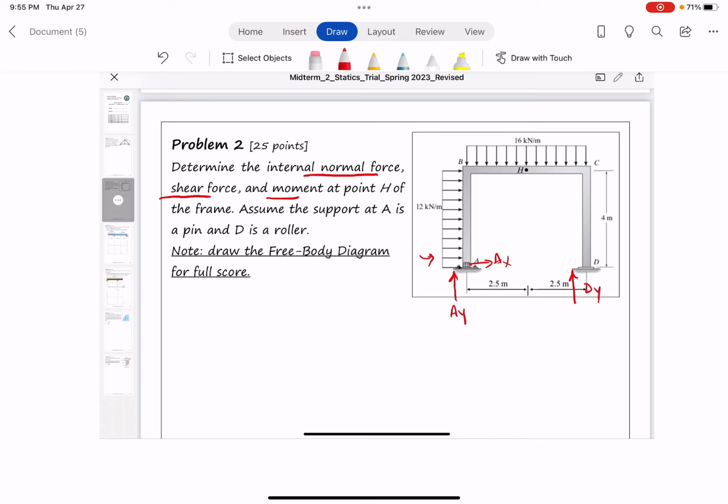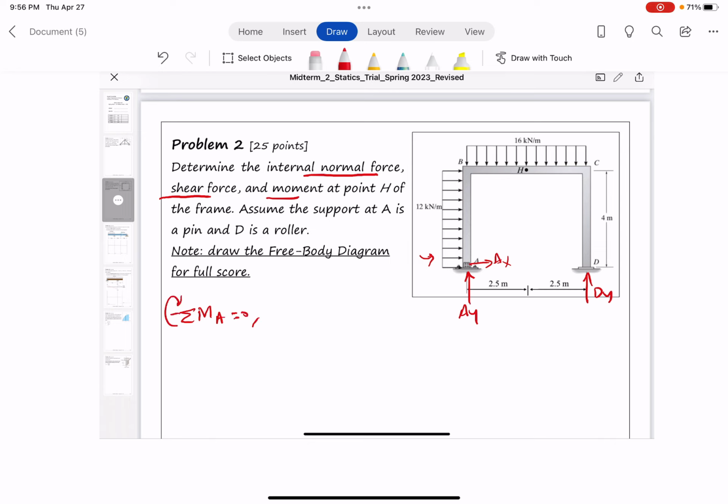But before that, I need to find the reactions, AY and DY. Since I'm going to look from the right, I need the reaction DY. So I'm going to do summation of moment at A, and I'm going to assume this is negative.